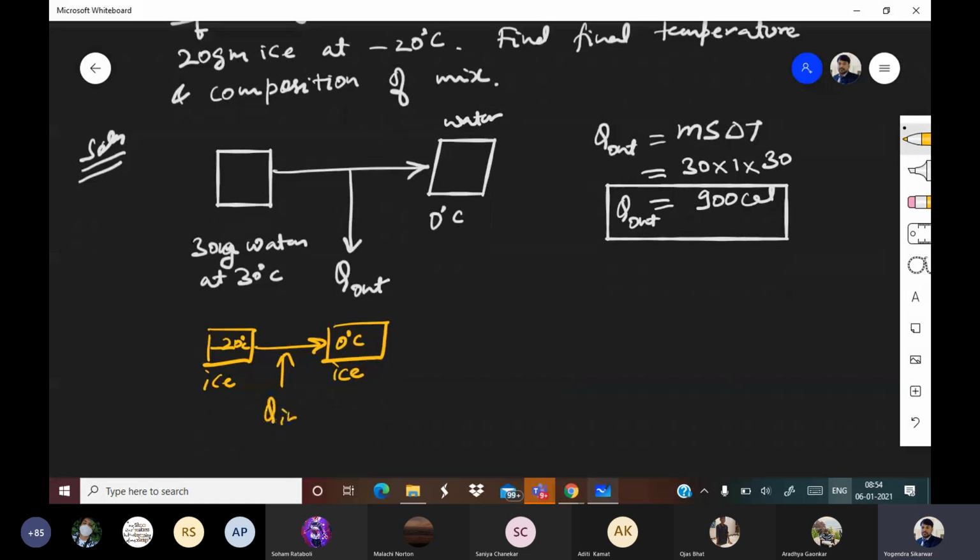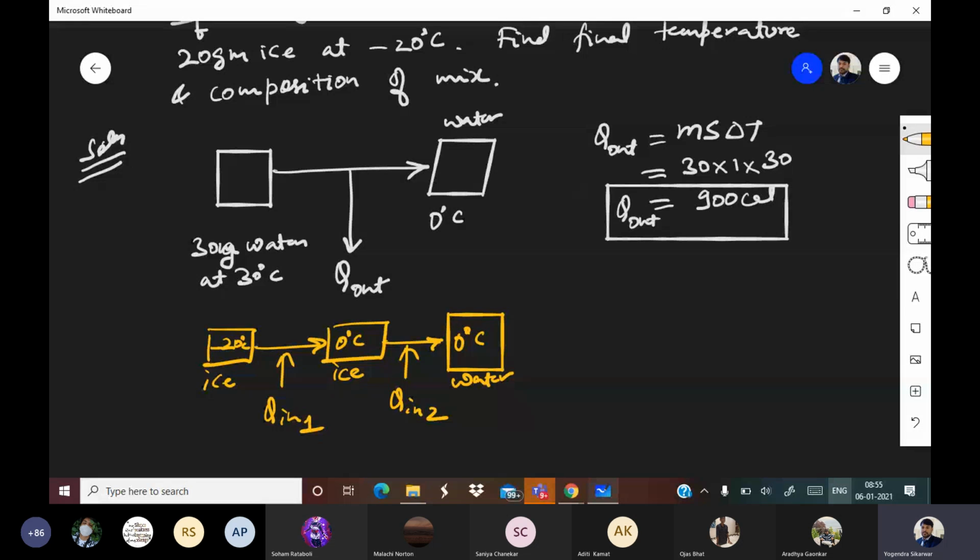So Q in, let me call it Q in 1. After that, if you want to melt this ice, then you have to give further heat. And that will be water at 0 degrees Celsius. So that will be Q in 2.